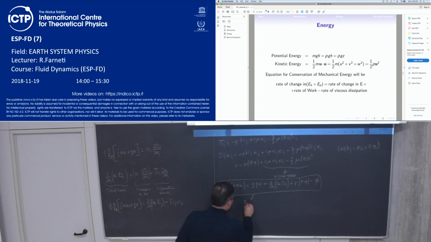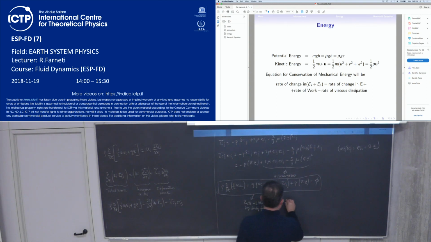So this is the rate of work by the body force, which in this case is changing the potential energy of the system. This is the rate of work by the stresses, tau. This is the rate of work by compression. Okay, you might compress the element, increase its internal energy, for example, or expand it.